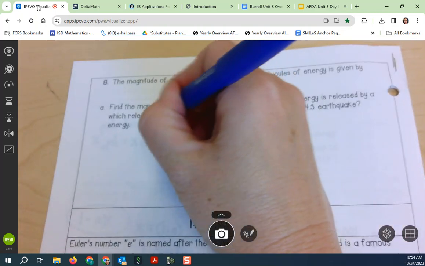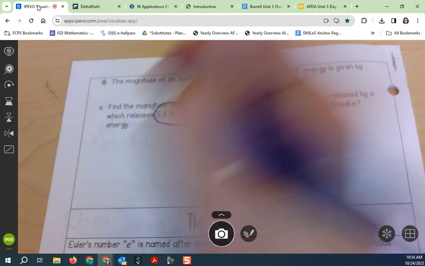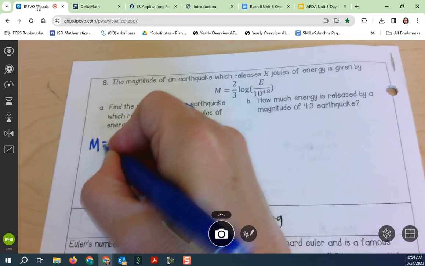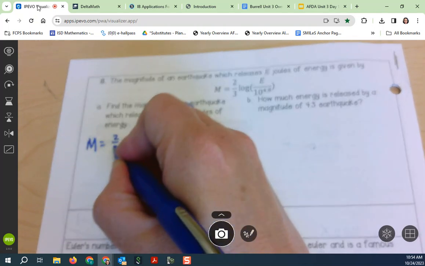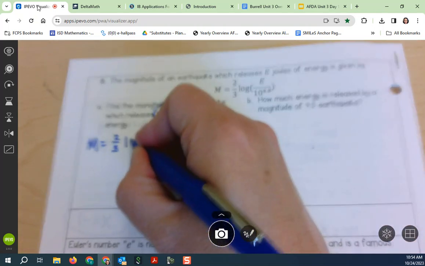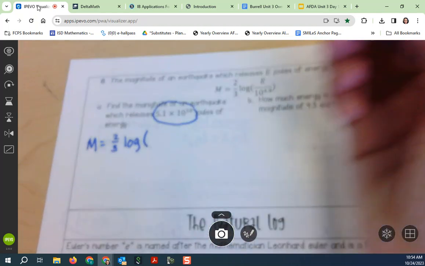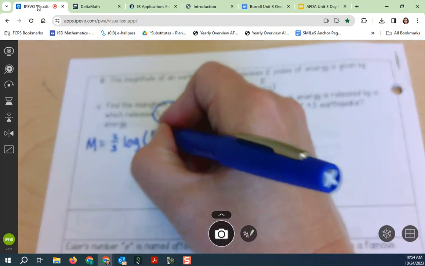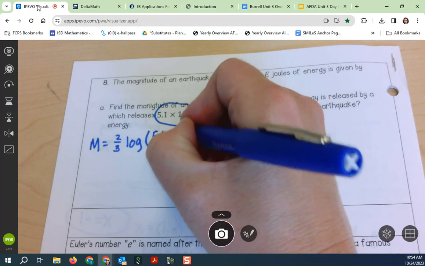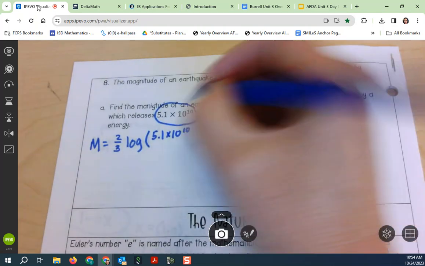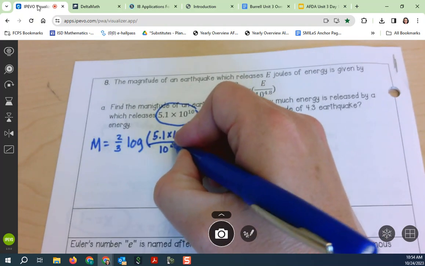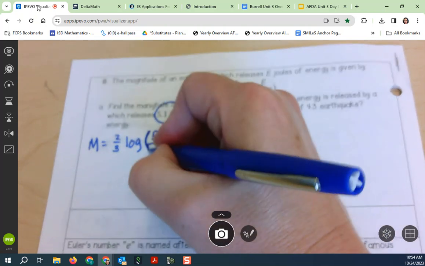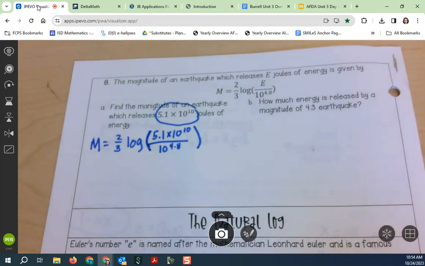That simply goes for your E. Be careful entering that in your calculator, but it is a simple calculator problem. So let's see what you get.